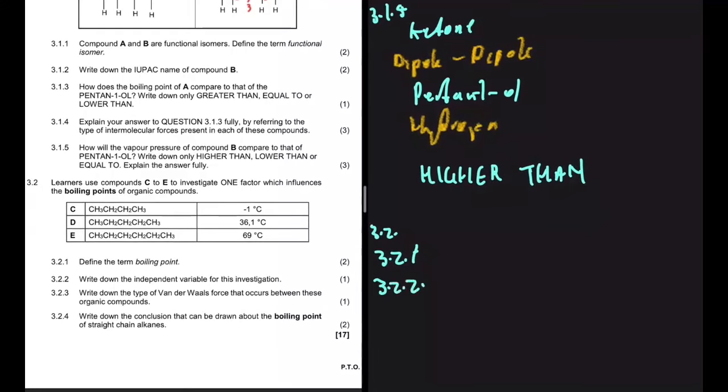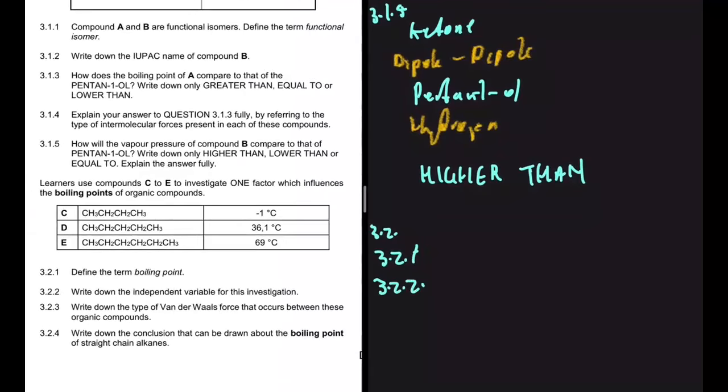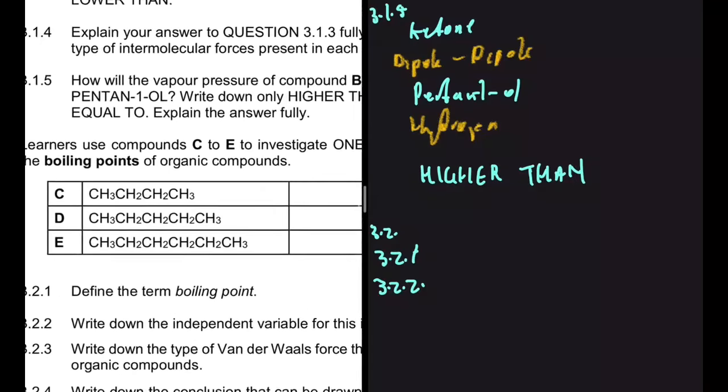3.2.2. Write down the independent variable for this investigation. Let's take a look at what is happening in this question. Let us use compounds C to E to investigate one factor which influences the boiling points of organic compounds. In compound C we have 1, 2, 3, 4 carbons. In compound D we have 1, 2, 3, 4, 5 carbons. And in compound E we have 1, 2, 3, 4, 5, 6 carbons.